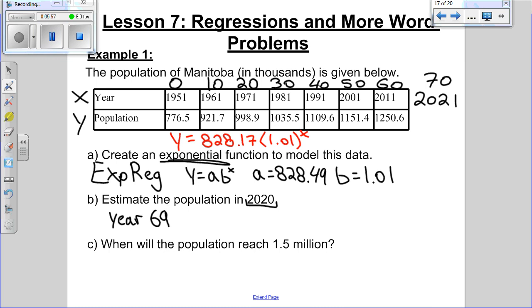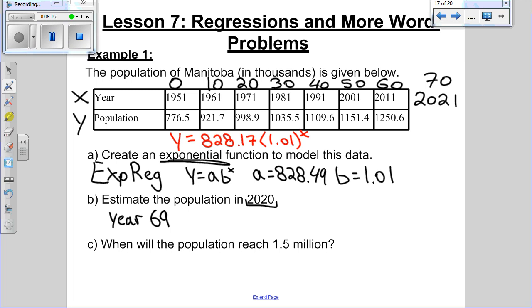You have two ways to solve this. Way number one, put 69 into your equation for x and just calculate it. Way number two would be to graph that equation and make x equal 69. In our case, I think at this point, it's easier just to plug that right into your formula and calculate it.